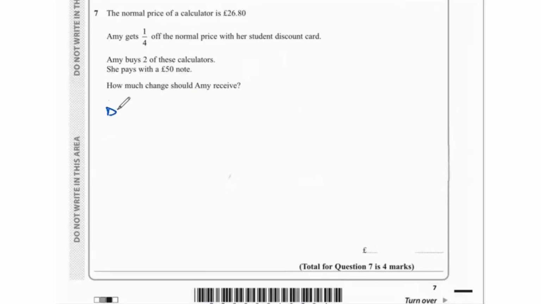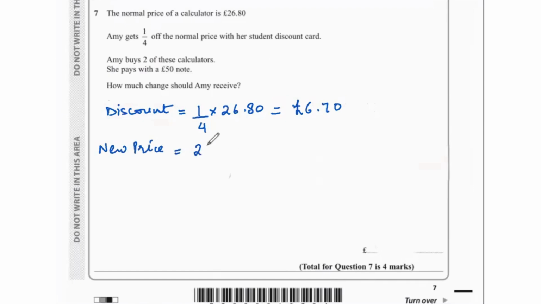So the discount is going to be 1/4 times 26.80, which equals 6.70 pounds. So the new price is going to be 26.80 minus 6.70, which equals 20.10 pounds. Now she's buying 2 calculators.